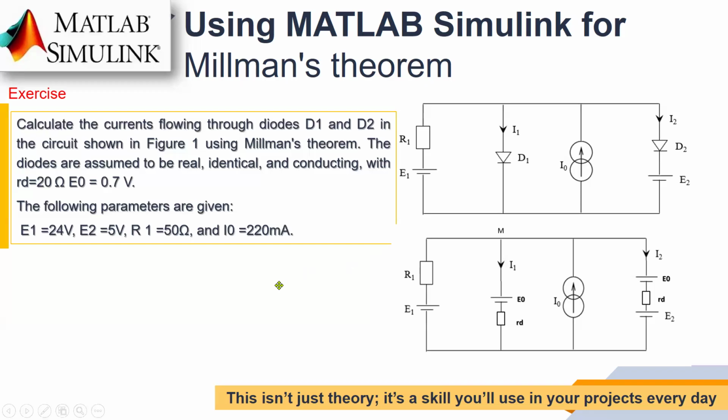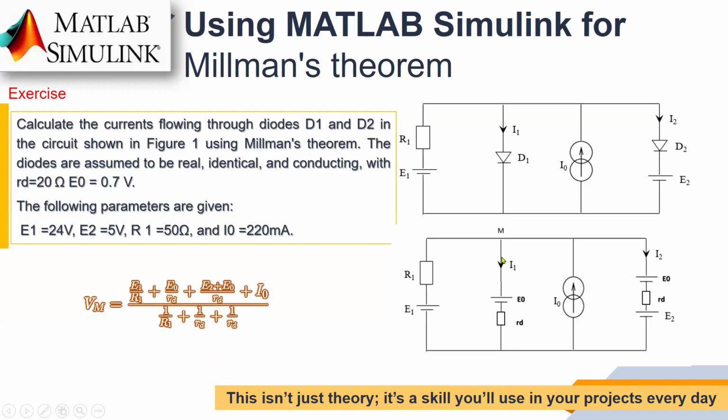So generally, as we know, the Millman theorem allows us to calculate the voltage in parallel. As you know, and I see that you know very well the expression of Millman theorem for the circuit. Here is the result of analytical or theoretical calculation.